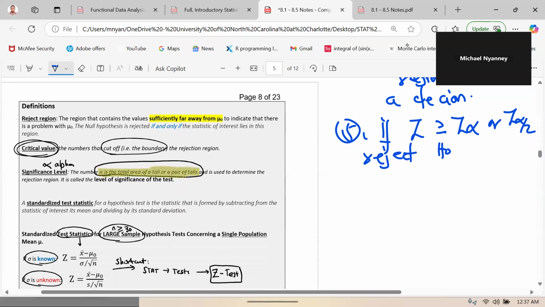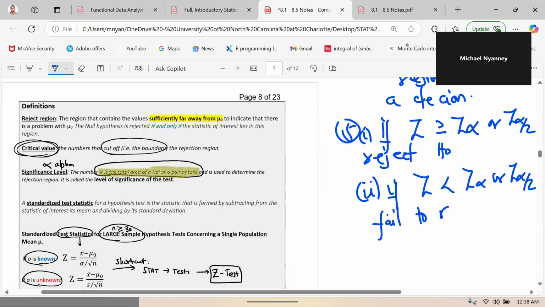And if your z is less than z alpha or z alpha over 2, fail to reject h naught. All right. So with this in mind, we are good to go.